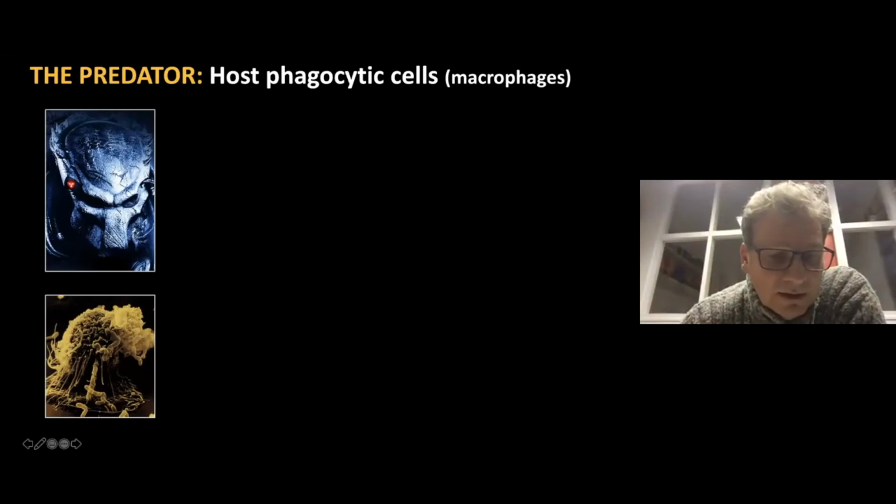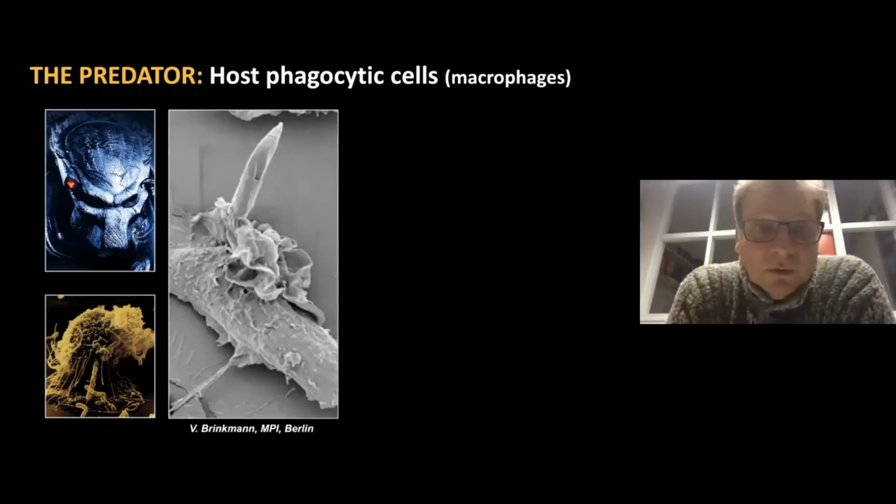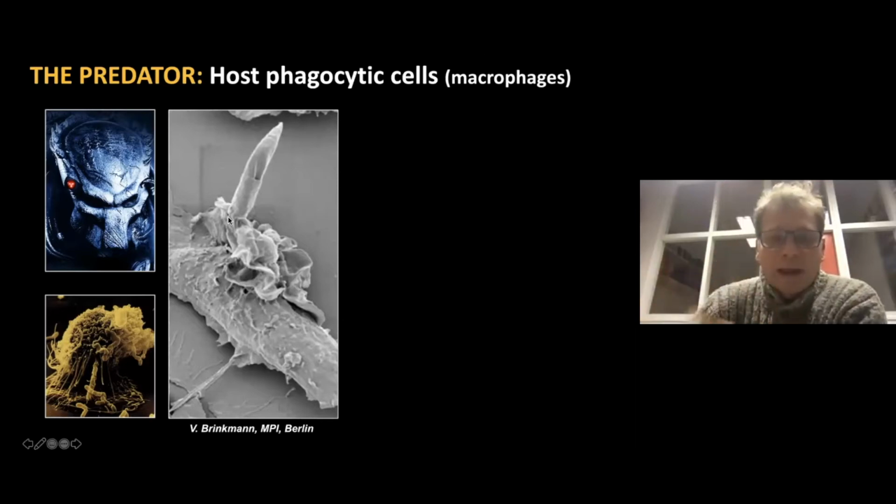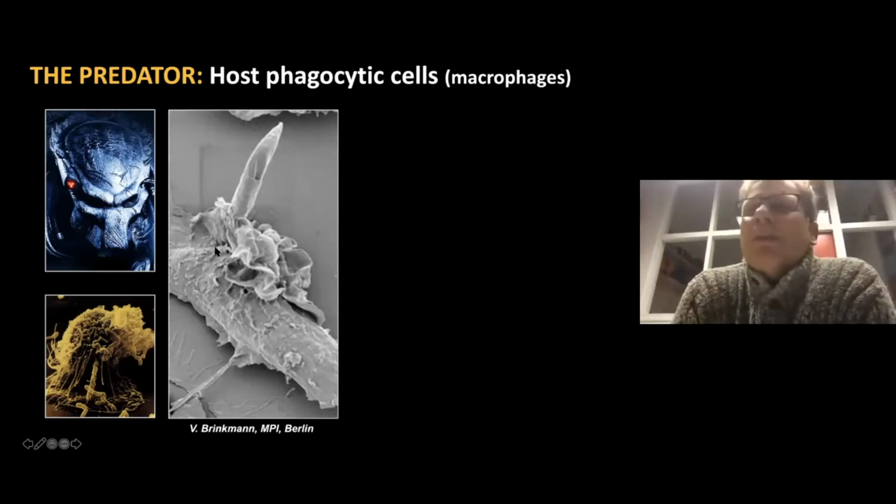And here's just an EM image that I picked from the internet because it looks a little bit like the predator. So here is an electron microscopy image where you can see a macrophage with a very ruffled kind of surface that is on the way to engulf this Leishmania parasite. And usually macrophages are known to be the most toxic cells in our body.